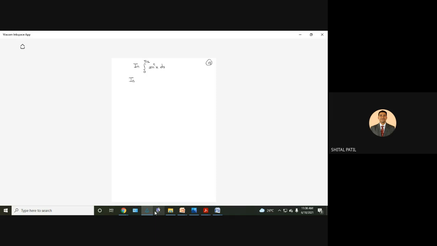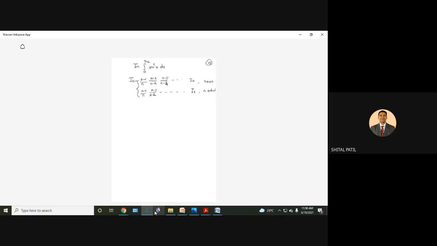We obtained this formula, I_n equal to (n minus 1) by n, (n minus 3) by (n minus 2), and so on. Sometimes we get I naught, whenever n is even. And whenever n is odd, same procedure, n minus 1, n minus 2, n minus 3, and so on, but we get I1 at the end.